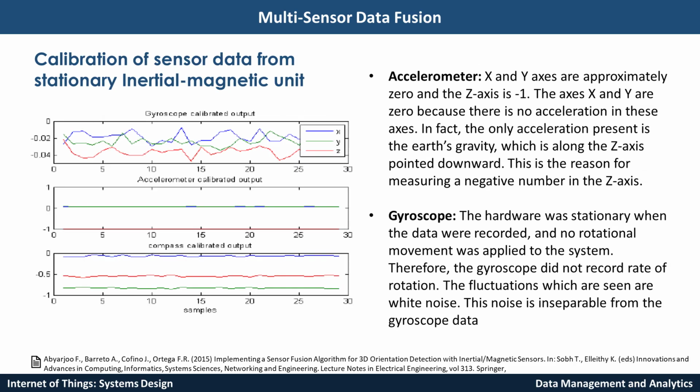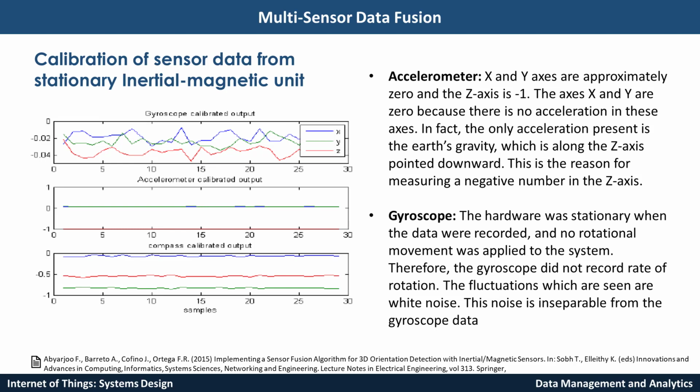If you look at the accelerometer, the X and Y axes are approximately 0, which is correct, and then Z is minus 1. X and Y are 0 because there's no acceleration, since we said that it is on the table. And the only acceleration present is the Earth's gravity, which is denoted by the Z-axis, and that is why it is denoted by minus 1.